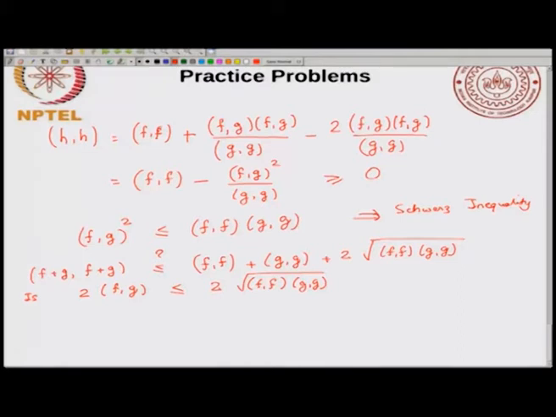Now clearly f comma g is less than or equal to square root of f comma f times g comma g from the Schwarz inequality. That is just up here, we just showed this. If you take the square root on both sides, you will get exactly this expression. So this implies that this inequality holds, and therefore the triangle inequality holds.